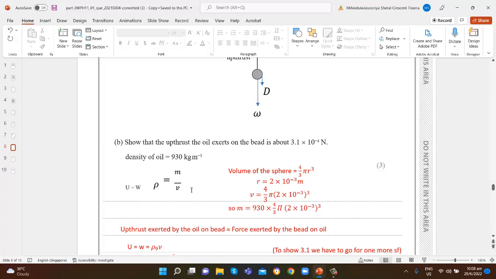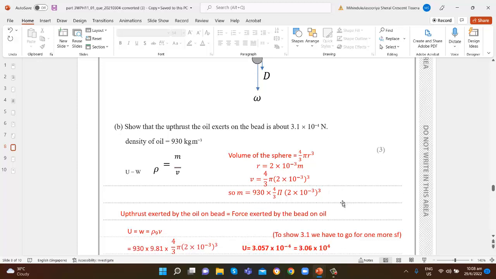M is going to be rho times V. So M is 930 and V is this. So upthrust exerted by the oil on the bead is equal to the force exerted by the bead on the oil. You know that. So U equals W equals rho g V.